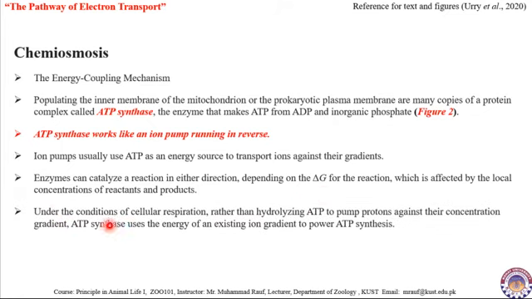Under the conditions of cellular respiration, rather than hydrolyzing ATP to pump protons against their concentration gradient, ATP synthase uses the energy of an existing ion gradient to power ATP synthesis.